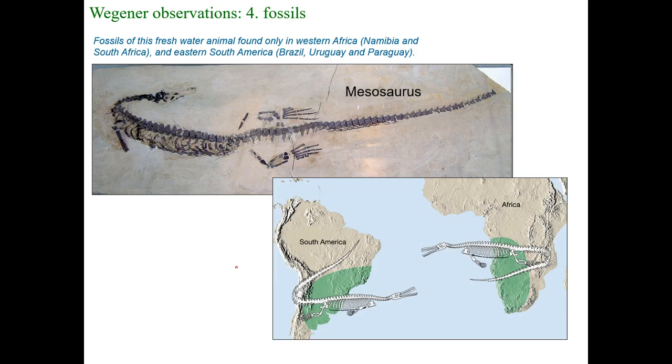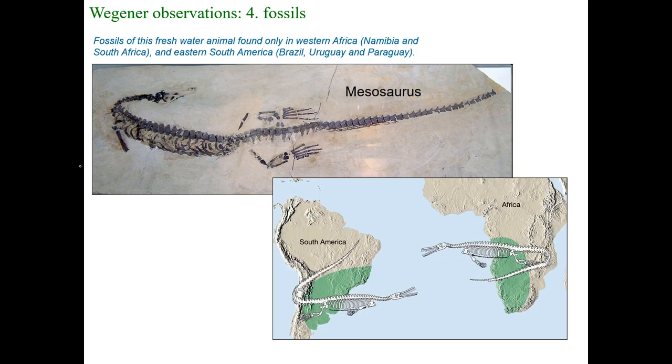The fourth observation that Wegener made comes from fossils. There are a lot of different fossils that are found on multiple continents that are separated by thousands and thousands of miles. And some of these animals and plants that Wegener was talking about, there's no way they could have gotten across, for example, the Atlantic Ocean.